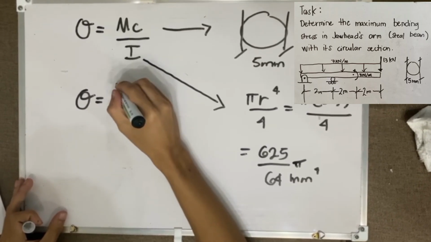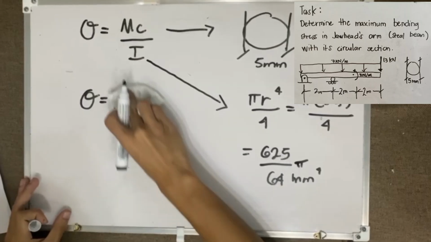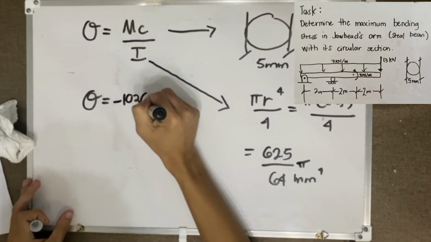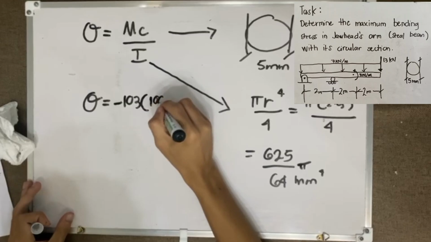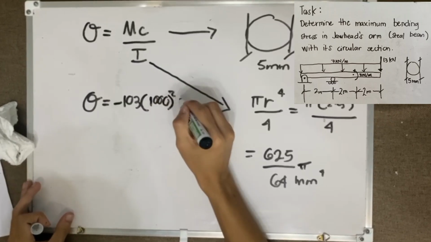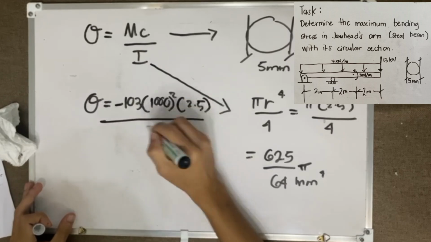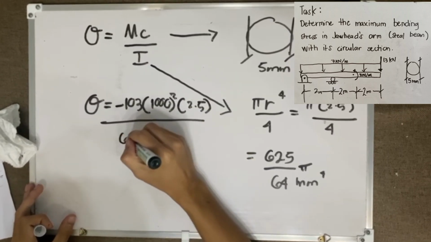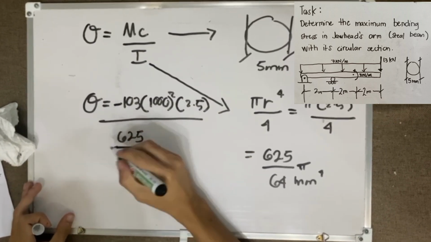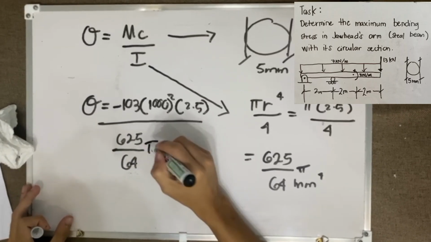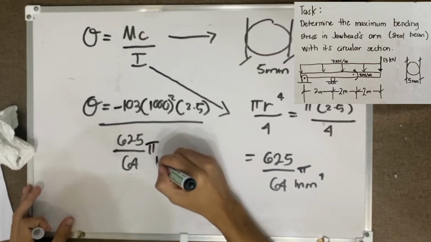Now, to complete plugging in all the values, we will refer to our moment diagram. We have negative 103 as the highest bending moment, so we will use this as our moment in our formula, multiplied by 1000 squared as the conversion factor, and c of 2.5, over the moment of inertia.